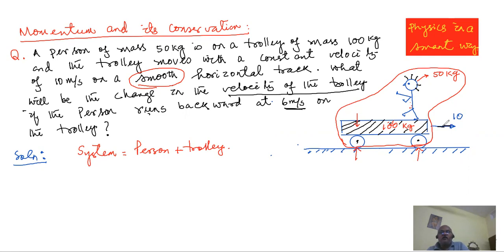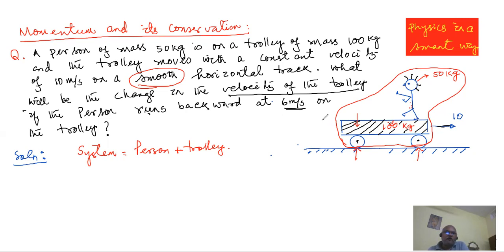So we now understand that there is no horizontal force acting on the person and trolley system from outside. If there is no net external horizontal force acting on the system, the horizontal momentum of the system will remain conserved.